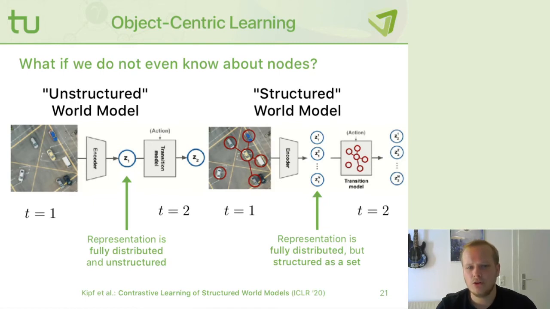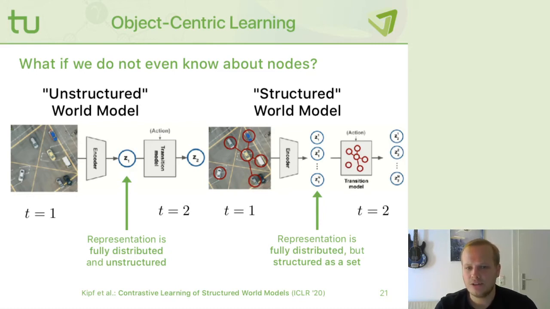The structured world model, on the other hand, assumes that our world is structured and that objects and entities are in interaction with each other. And then here again we take an observation at time step t equals 1 and pass it to an encoder. However, this representation is different since we structure it as a set of latent variables.